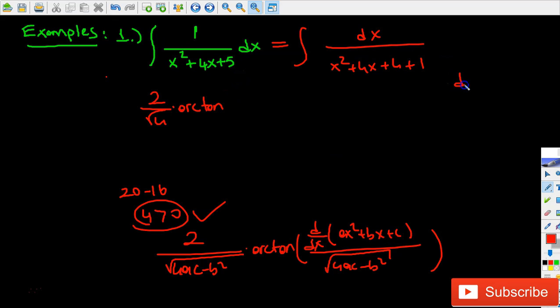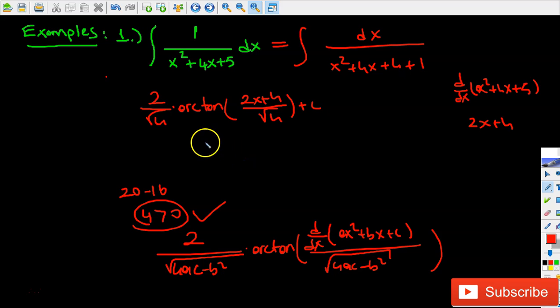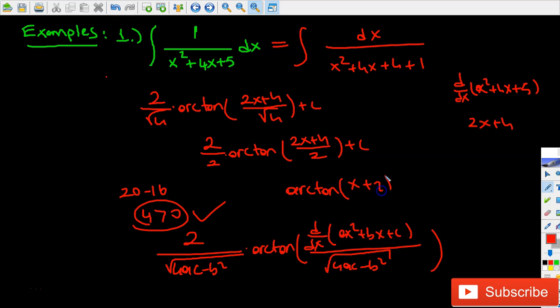The derivative of x squared plus 4x plus 5 is just 2x plus 4. So arctangent of 2x plus 4 divided by the square root of 4, plus c. Simplifying a little more, we get 2 over 2 times arctangent of 2x plus 4 over 2, plus c. And going one step further, my final answer will be arctangent of x plus 2, plus c. This is my final answer if I apply the formula.